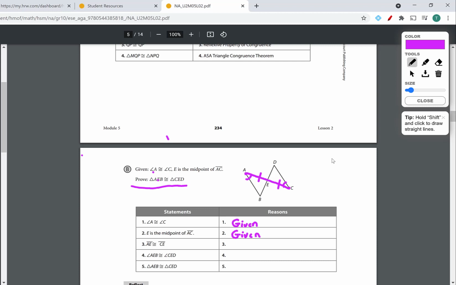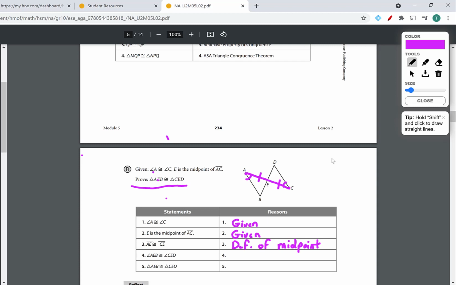So if E is right in the middle of segment AC, that means the smaller segments are congruent to one another. So the reason is definition of midpoint. So now we have one set of congruent angles. We have one congruent set of segments.